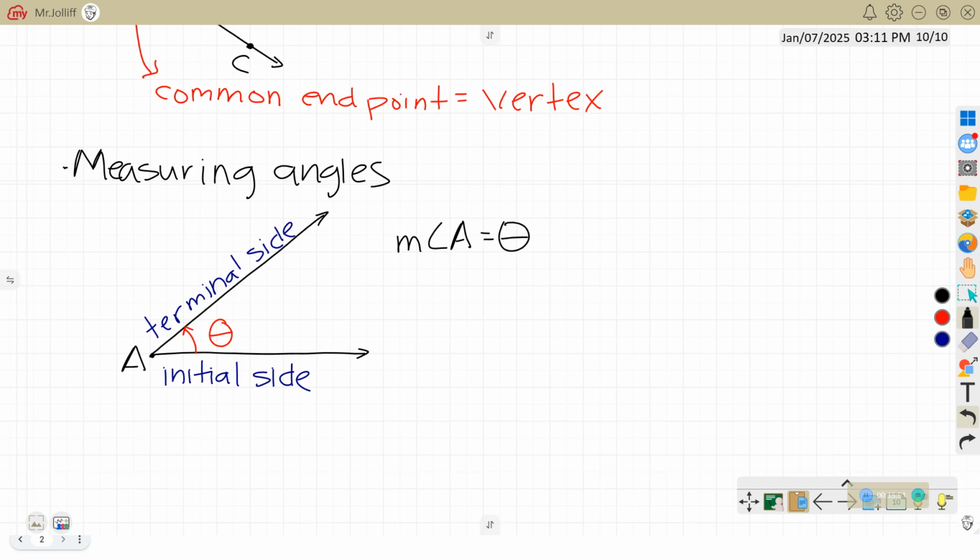It would be this way from my direction. Notice that that is opposite what a clock hand does. Clock hands, if I was looking at a clock up here, would start at noon and go this way. This is starting at 3 and going this way. So we call it counterclockwise.